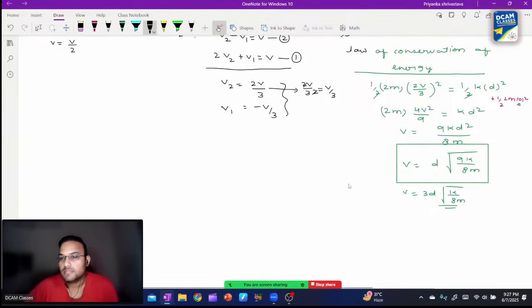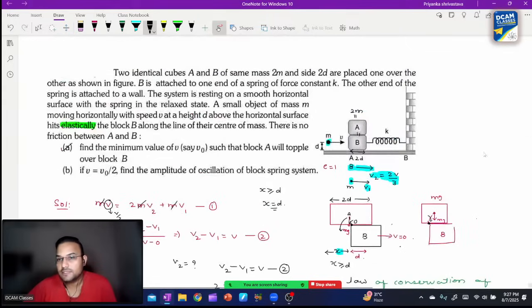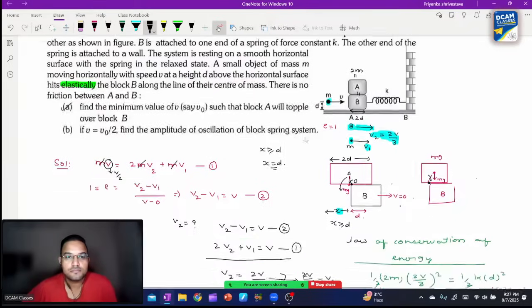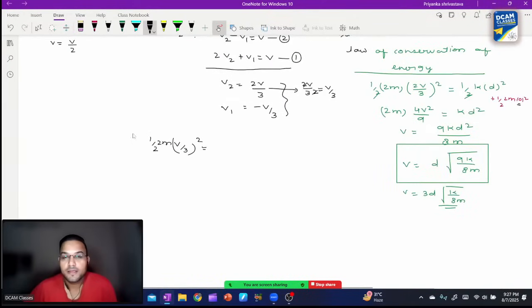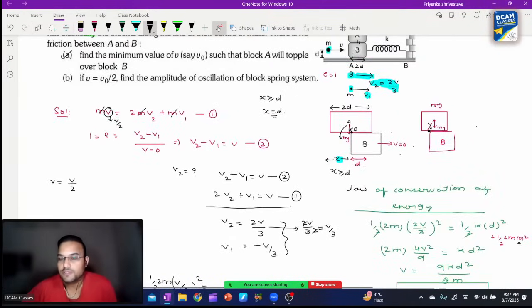Now for the amplitude, with this velocity, half into 2m into (v by 3) whole square will be equal to the spring energy. This was the initial position of the spring. Now, when it reaches its amplitude, it will be compressing fully.